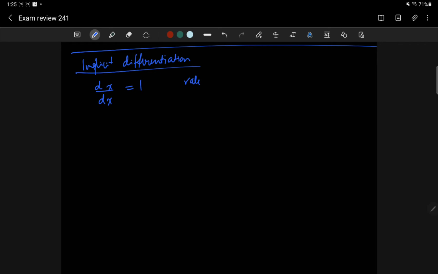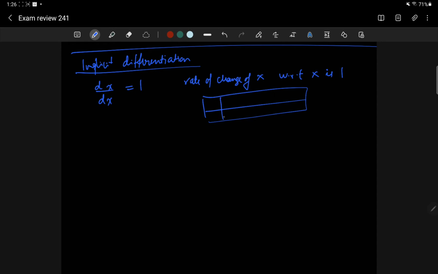This means the rate of change of x with respect to x is 1, which makes sense, right? Because you make this table and you put x and x. Now these entries are going to be the same. So however the top part changes, that's how the bottom part changes. So this is always going to be 1.